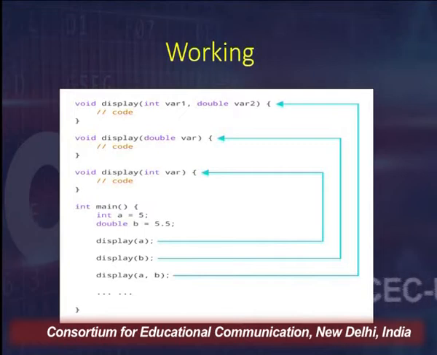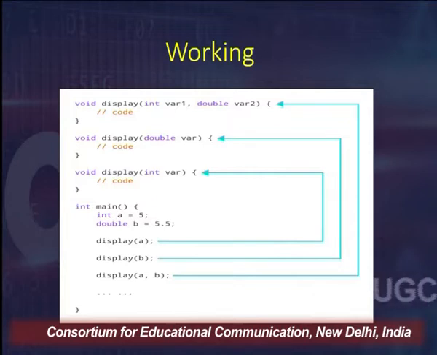The first function call says display a, so it will look for a version which matches this call. When I say display b, it will look for the version which matches that call according to the number of parameters. As I told you in the previous lecture, only the number and type of parameters differentiate.